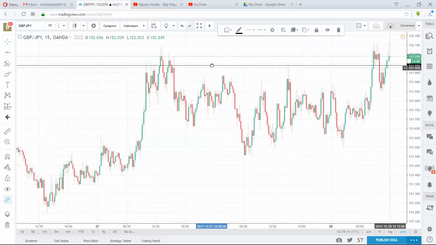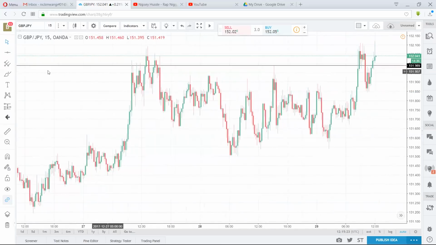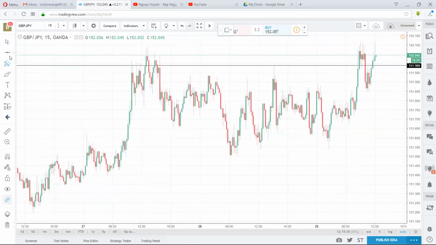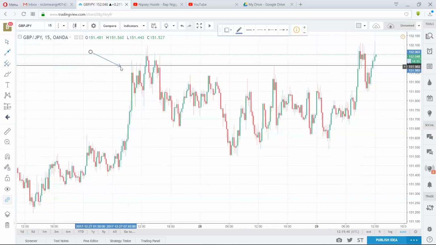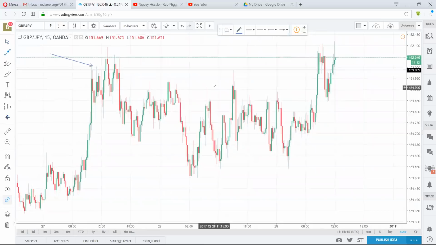Okay. So you'll notice that support zones, like you see, there's, looking for the arrow. Yes. So you'll see where there are multiple touches, that's one. There's another one here.